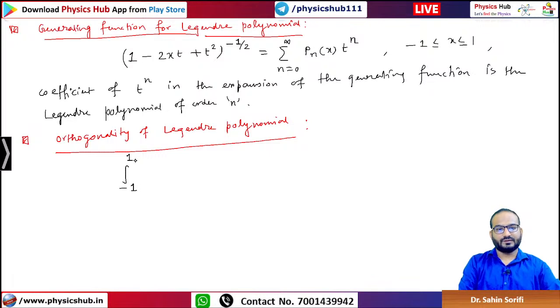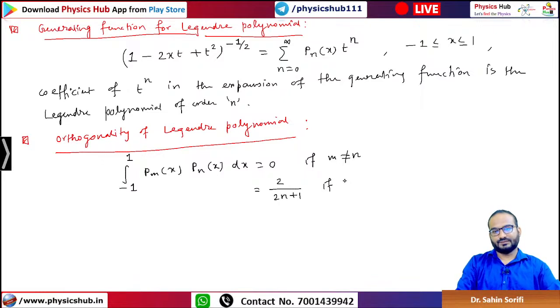The integral from minus 1 to plus 1 of Pm(x) Pn(x) dx equals 0 if m not equals to n. This is equals to 2 by (2n plus 1) if m equals to n.